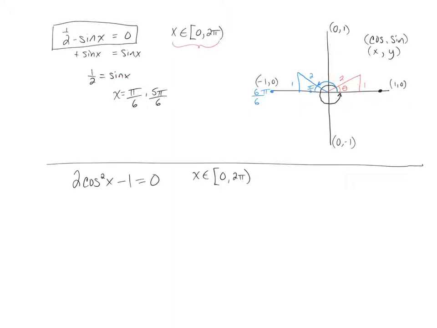This one is a little bit more complex, but again, the fundamental strategy remains the same. We're going to try to isolate the trig expression, being this cosine here that's being squared, and then use our knowledge of the unit circle to come up with a solution. So first off, in case you haven't seen this notation before, with the cosine being squared with the exponent being there in front of the x rather than after the x, it's something mathematicians do for clarity.